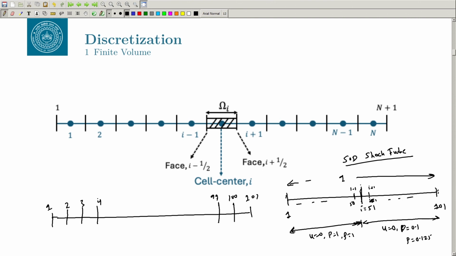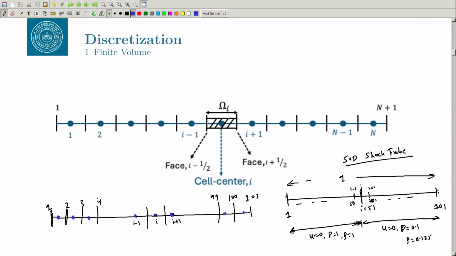So you will start creating cell centers. Between the two edges or two faces, if I can call it here, you will have a cell center here. Around I you will have faces here, and then you will have I plus 1 and I minus 1. Immediately see that the number of cells that you have, actually in the 1D case, is 1 less than your number of edges.